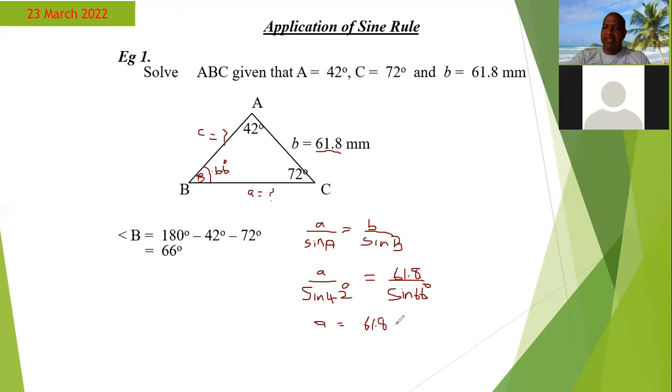So that would become 61.8 times sine of 42. And now we are dividing by the sine of 66.